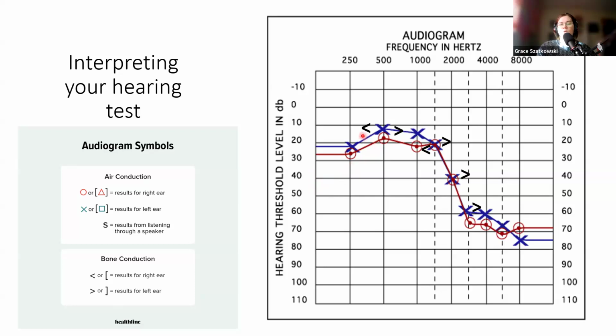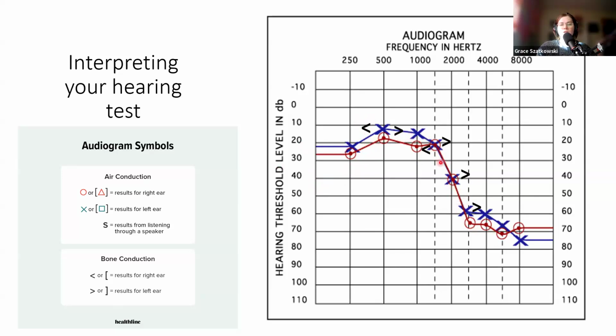And it can very well help us to understand what kind of hearing loss you have. So, for example, for this participant, the scores for their bone or the arrows overlap with air conduction, so the right and left ears. That tells me there's some kind of neural involvement.